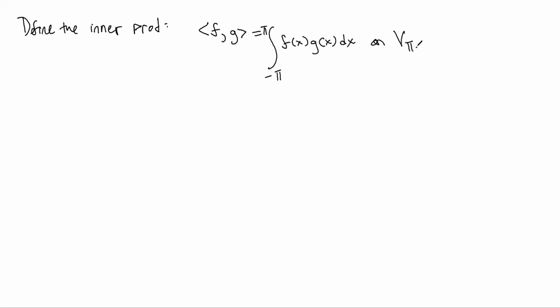You can check that this is an inner product. I mean, we kind of already checked a couple of the properties. So now let's do some computations with some of these vectors in this vector space.